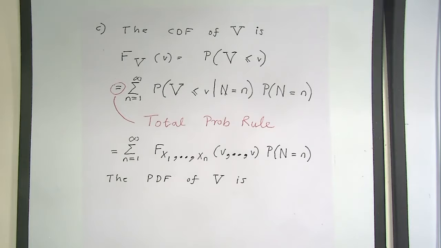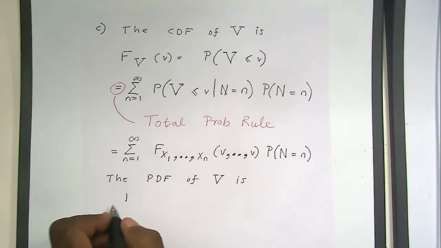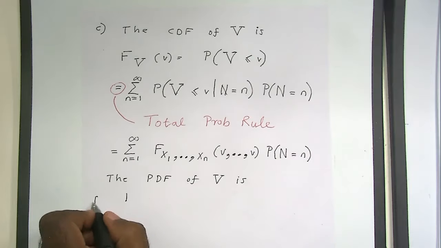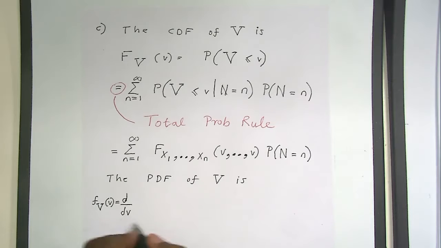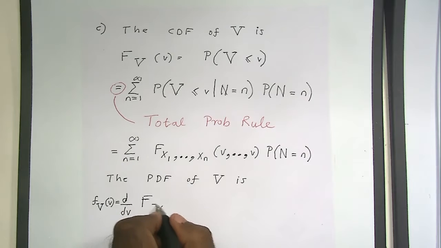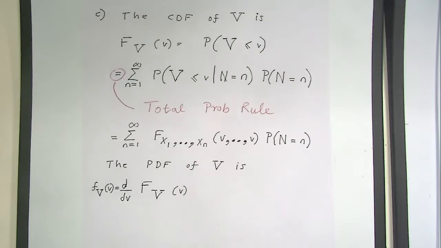Sorry, I'm being too quick here. It's d by dv of the CDF of V, right? And if you differentiate this and take the derivative inside, this is what you will get.